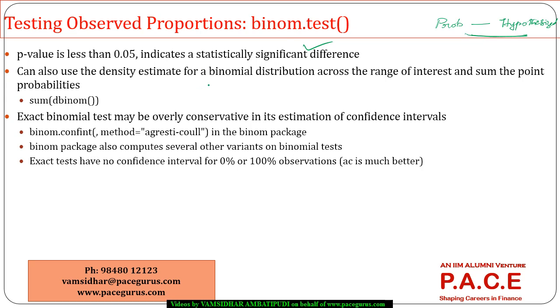And in some cases, I can even add up all the probabilities through the dbinom function, which is the density function of a binomial distribution. Let's say I want to know the probability of getting 8 successes, 9 successes, 10 successes, 11, 12 when you are performing a trial of 20, with a probability of success of 0.5.